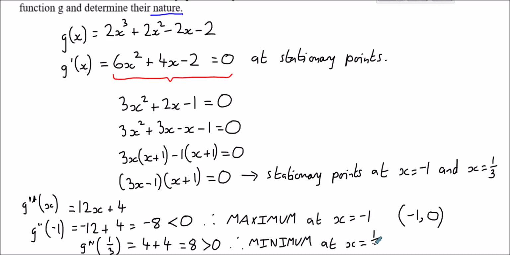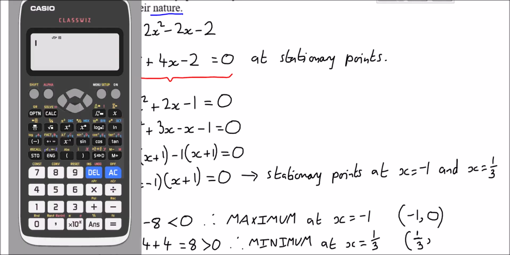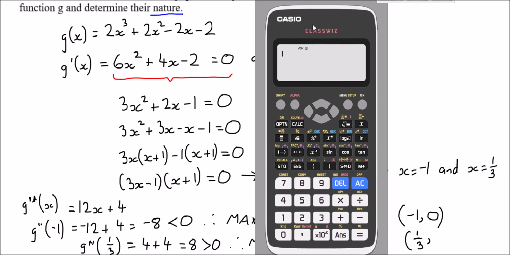And again, in the same way, we can calculate the coordinates if we are asked for the coordinates of this minimum point. So you can just take this function here and input a third. So let's just do this now quickly enough.